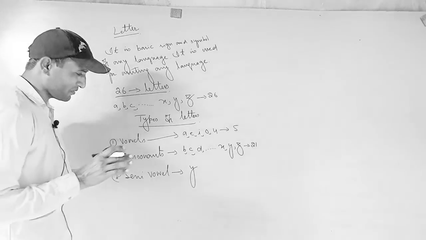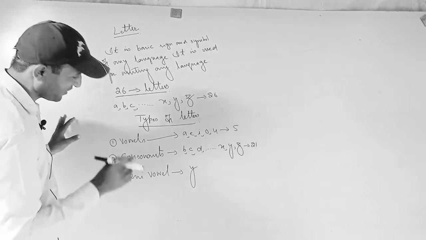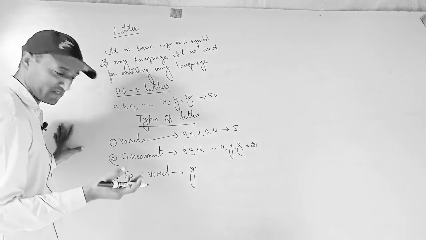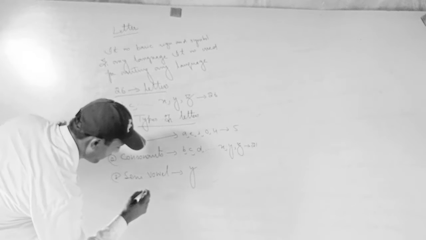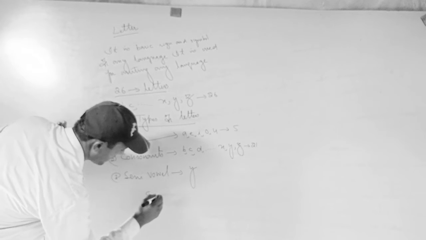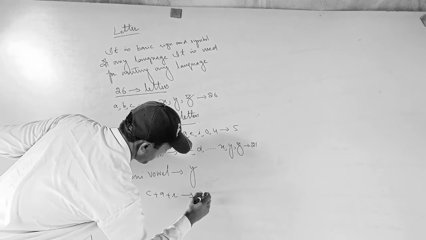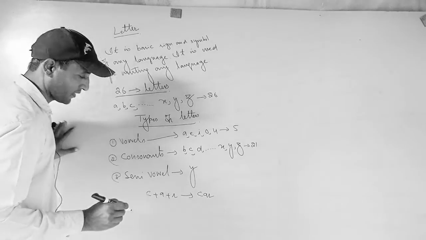And you also see how we can use the letters for forming words. You'll see here I have C plus A plus R. You will see car. This is a car.